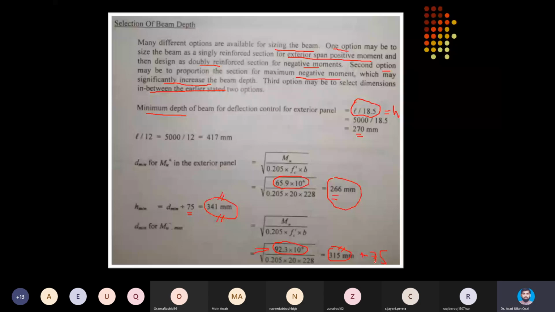Third is straightforward, that adjacent panels center to center will become integral part of the beam, which is quite a big dimension, because if we look at the slab system, it means center to center.